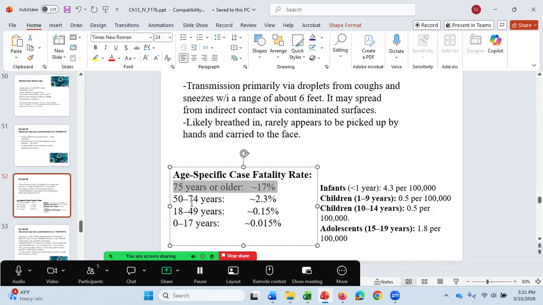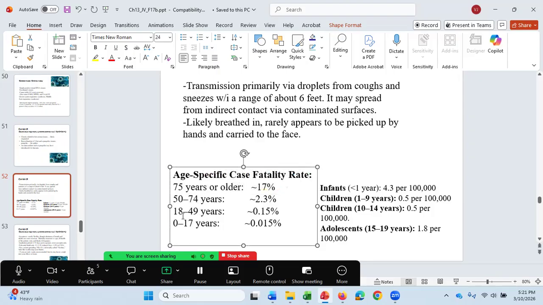And as you reduce the age, even people 74, the fatality rate drops to 2.3%. And let me tell you, this 2.3% is mostly from those close to 74, not from people closer to 50.